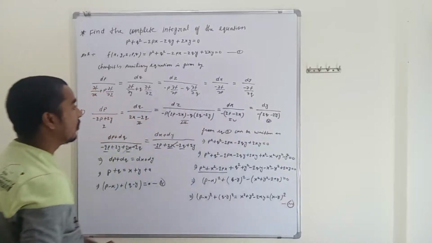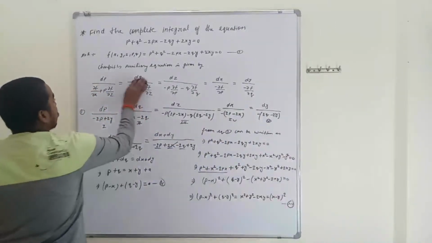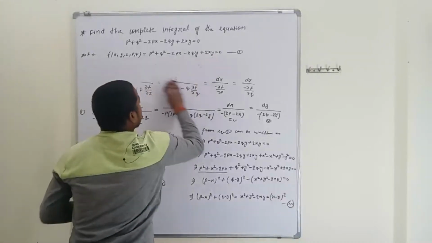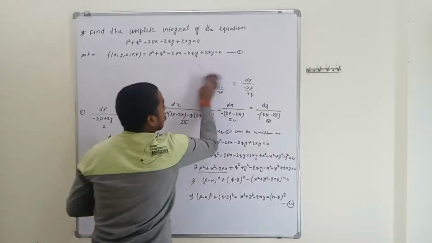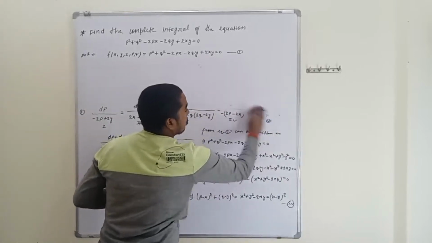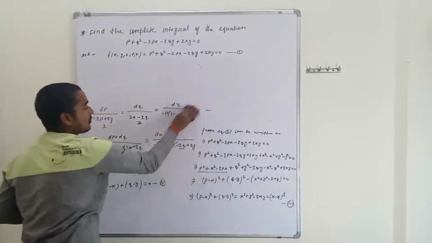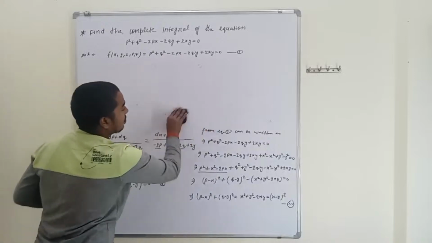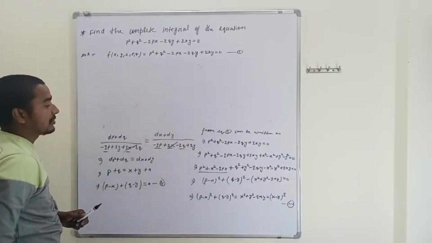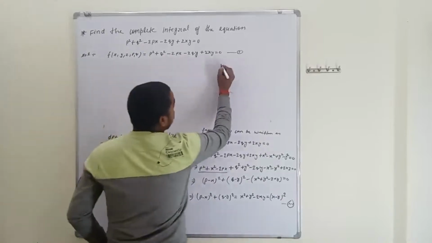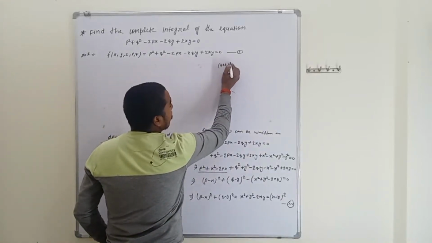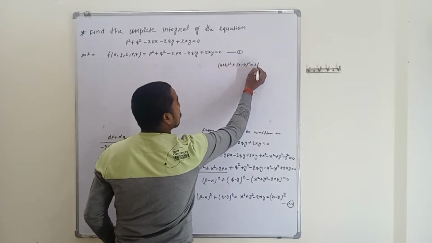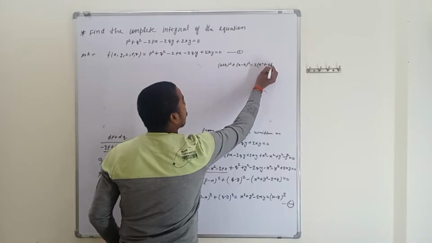We use the following identity. We must remember the following identity, that is a plus b whole square plus a minus b whole square is equal to 2 times a square plus b square.